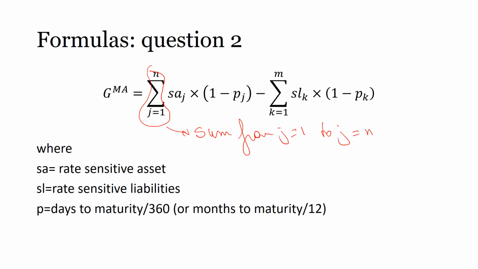You're summing this multiplication here: the sensitive asset j times 1 minus pj, days to maturity, for the asset j. Now the asset j is going to be 1, 2, 3, 4, 5 up to n. Here you're going to sum the sensitive liability k, which goes from 1 to m, times 1 minus the days to maturity of the liability k.